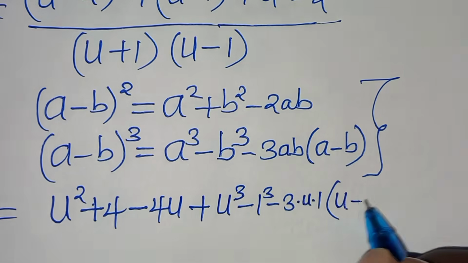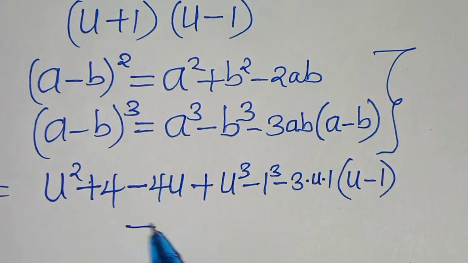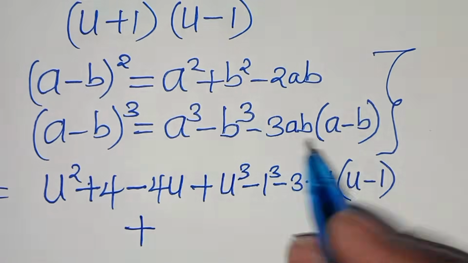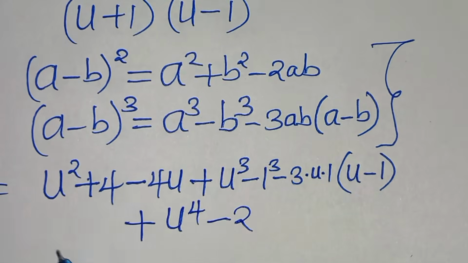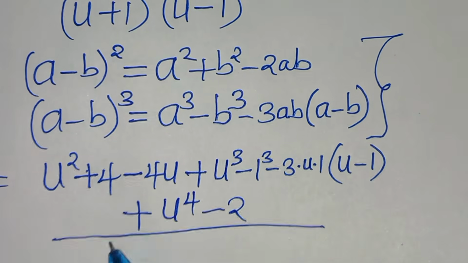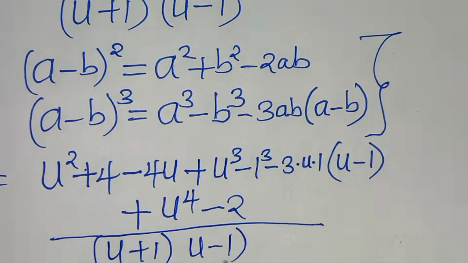This is u minus 1, then plus u to the power of 4 minus 2, everything here, divided by u plus 1 multiplied by u subtract 1.